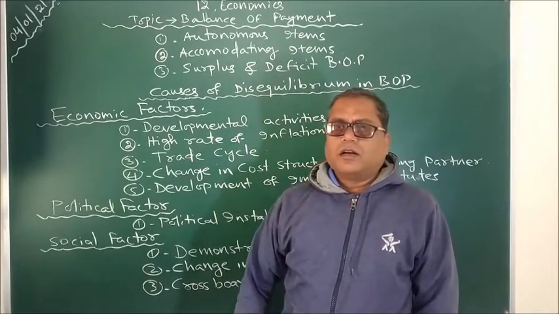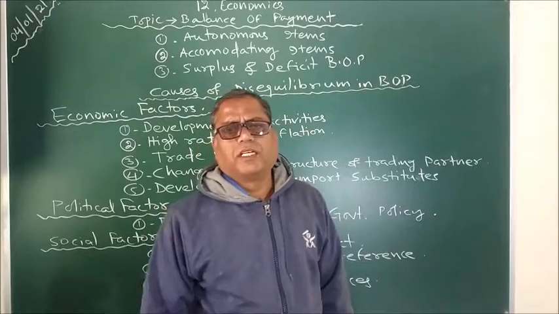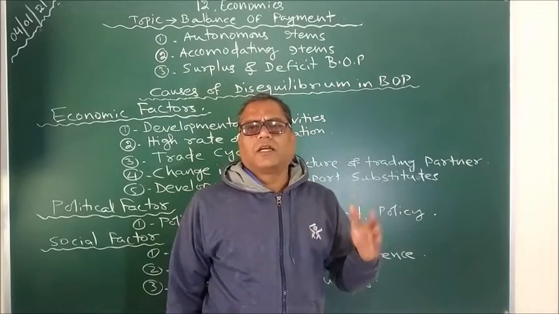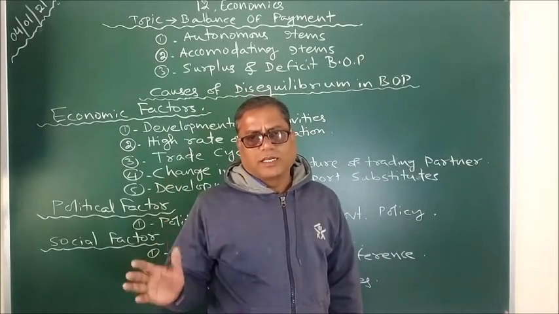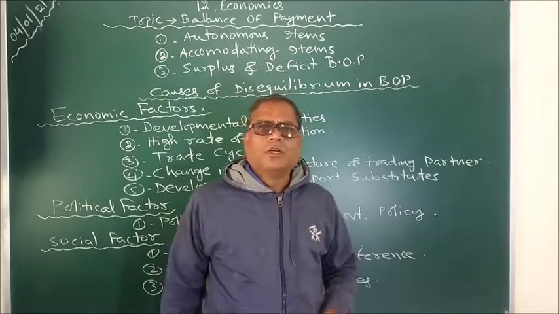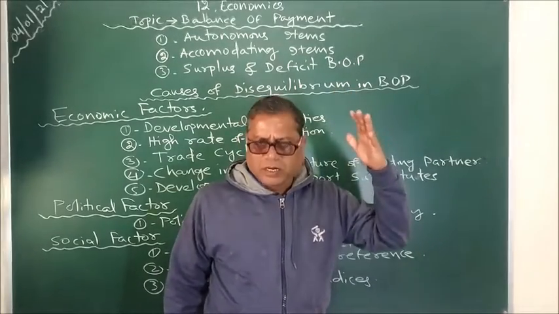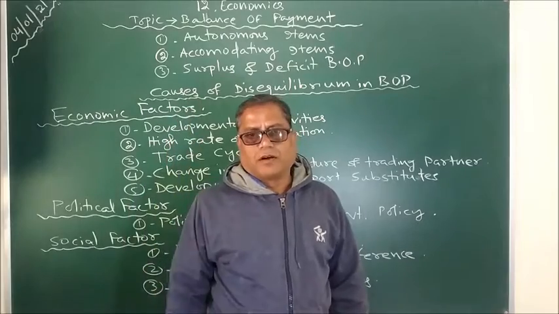So by theory the debit side must be equal to the credit side, and this is true for both accounts, our current account and capital account.